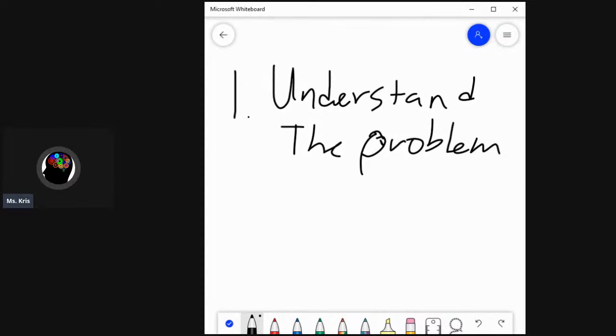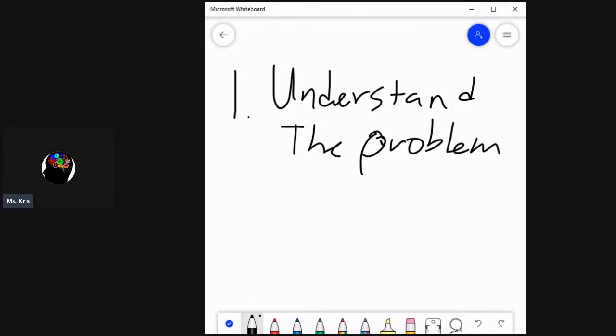To help you focus on understanding the problem, you must consider these questions. Can you restate the problem in your own words? Can you determine what is known about these types of problems? Is there missing information that, if known, would allow you to solve the problem? Is there extraneous information that is not needed to solve the problem? And what is the goal?